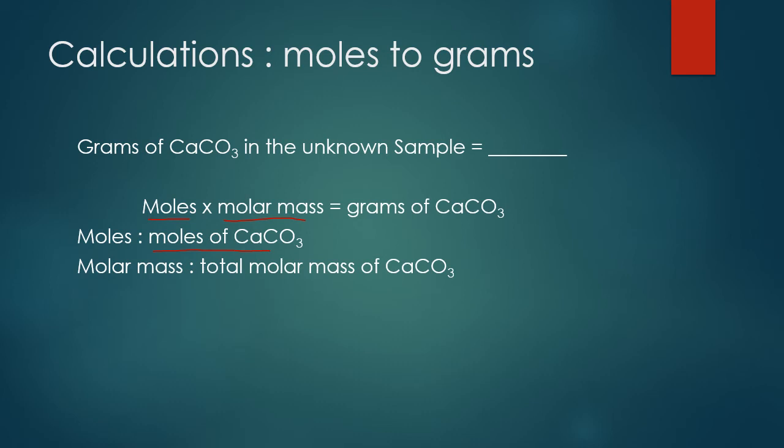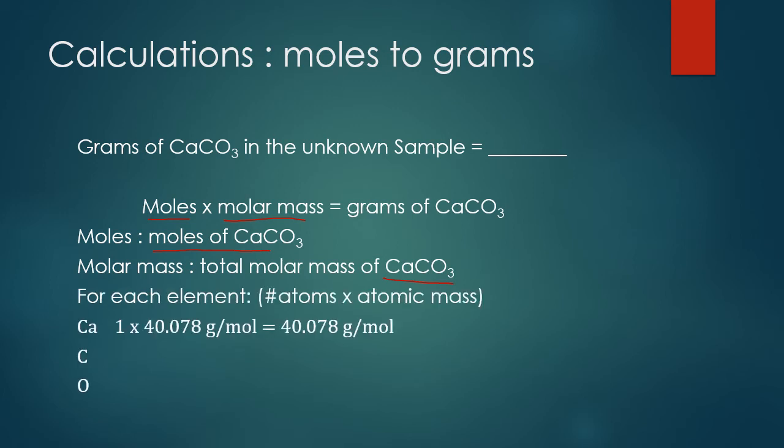For the molar mass, once again, that's something we're going to have to calculate using this chemical formula here. So what we're going to do is take the number of atoms times the atomic mass of each. This time we have 3 different atoms present. We have calcium, we have carbon, and we have oxygen.